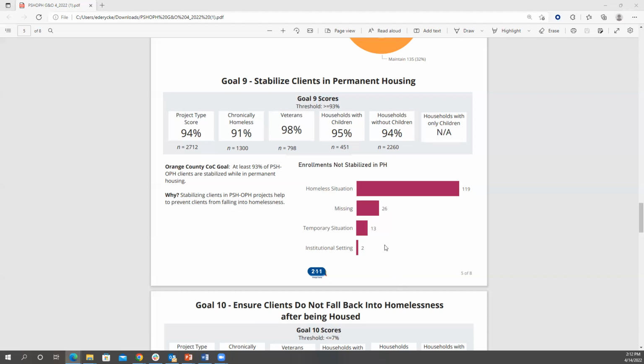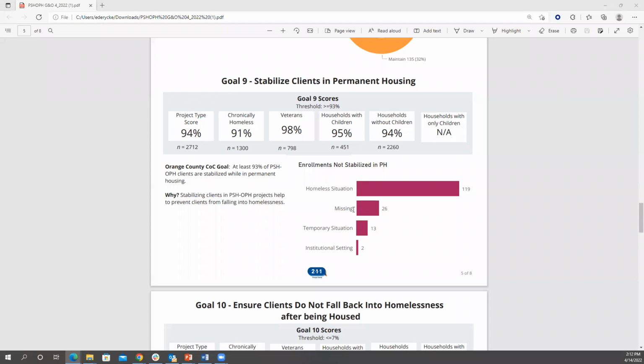For those clients that were not stabilized in permanent housing, in this case, they were clients that exited to non-permanent destinations. Most returned to homeless situations.